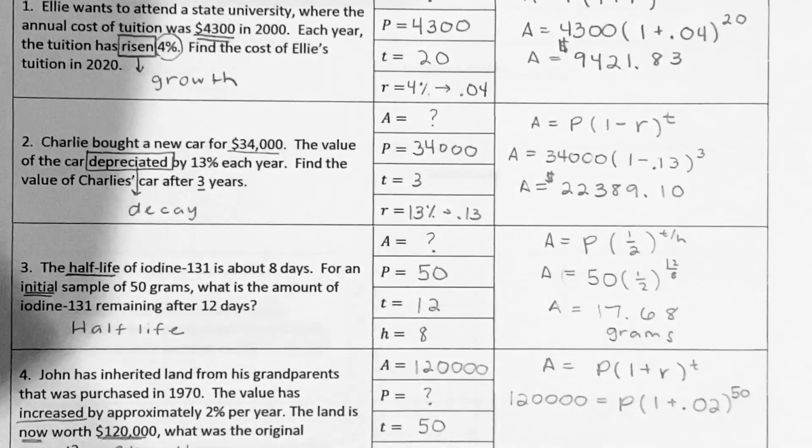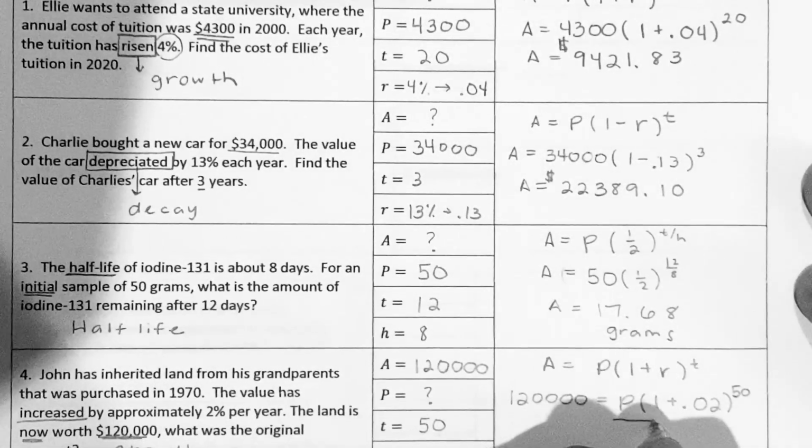All right, so we are solving for P, and that is on this side of the equation. So we're essentially needing to get P by itself. P is being multiplied by all of this. Since P is being multiplied by that entire parentheses, in order to get it by itself, I'm going to divide. And I'm going to do this all in one step so that I don't have to worry about rounding it multiple times.